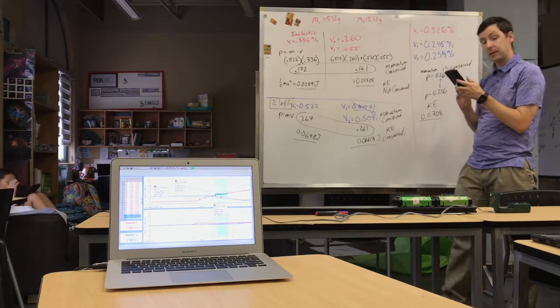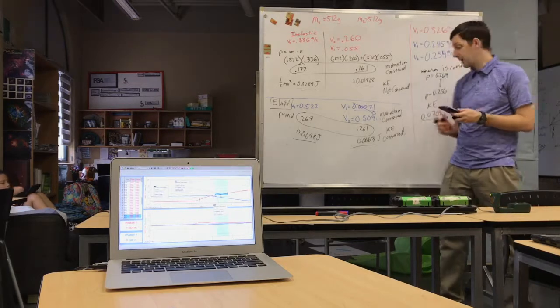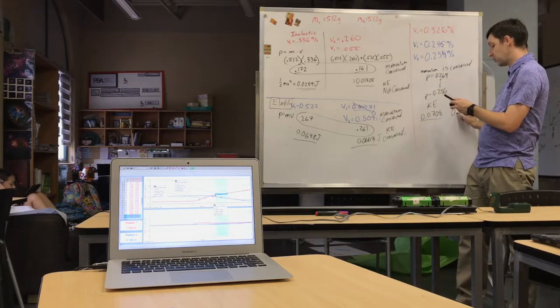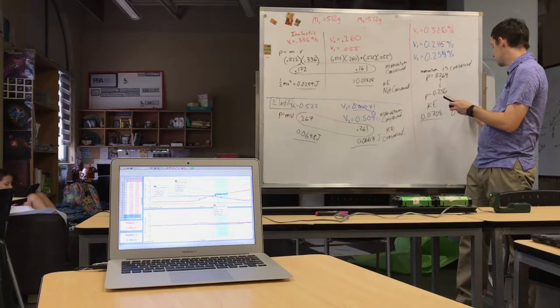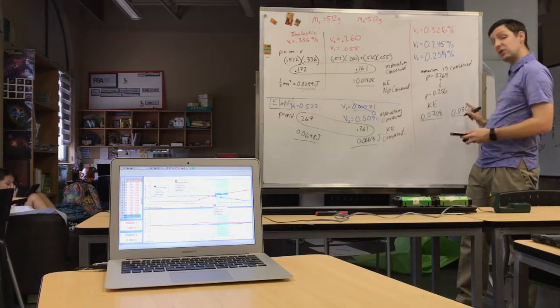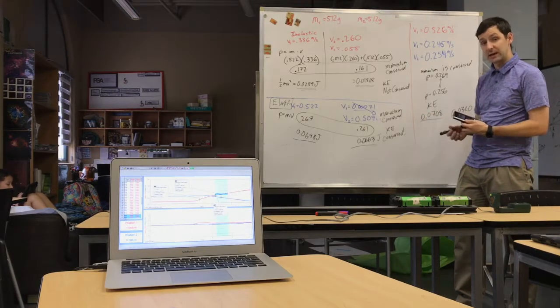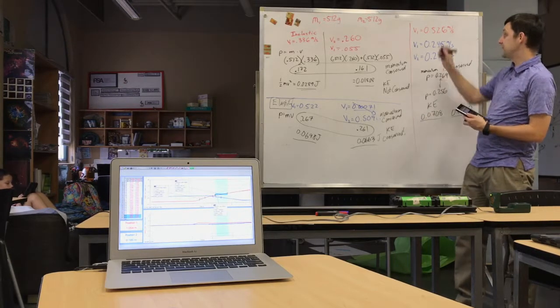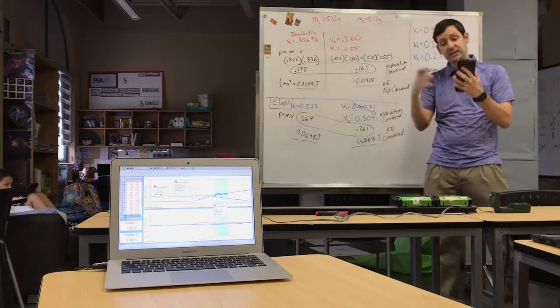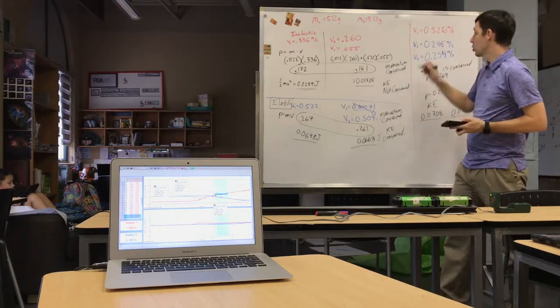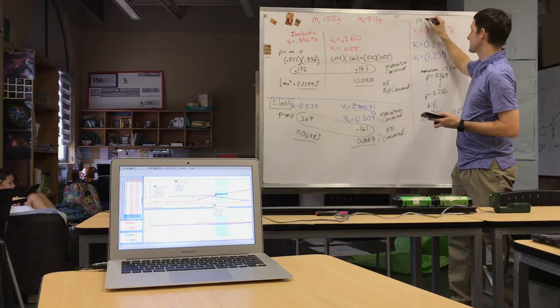And what do you think is going to happen? What I think is going to happen is that I'm going to get 0.0320. Again, you'll notice this time this is actually less than half of the original kinetic energy. Okay, so this is what we call, when the Velcro sticks together and the two things link together, perfectly inelastic.